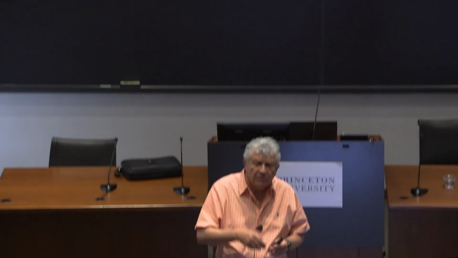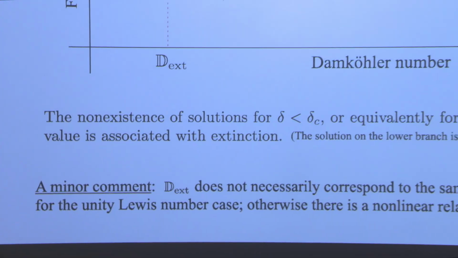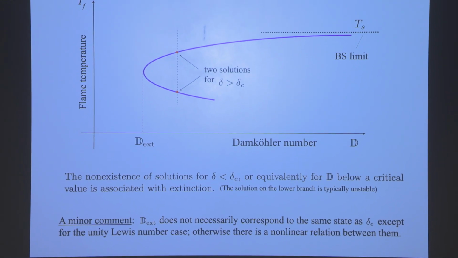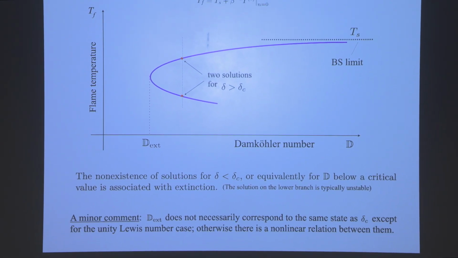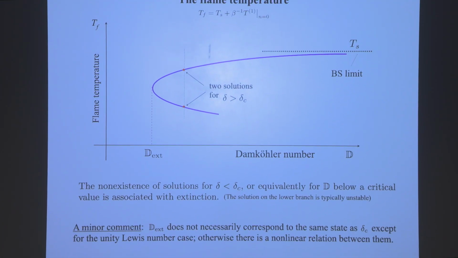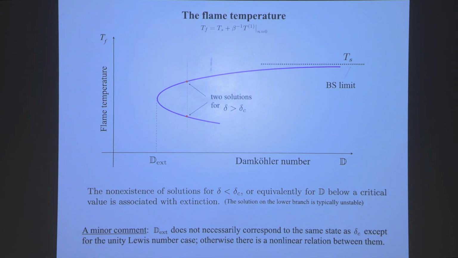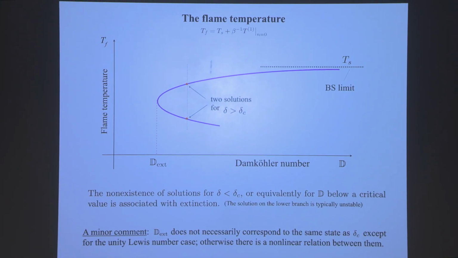But it has been shown that when this happens, the extinction can occur sometimes a little bit before, sometimes a little after. Nevertheless, it qualitatively gives you the correct picture. Oh, there is a minor comment that de-extinction does not correspond necessarily to delta critical, but there is a relation between the two, which is built on that distinguished limit that I indicated, and can be determined.